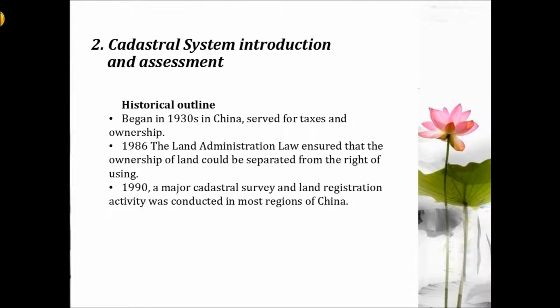And until 1919, a major cadastral survey and land registration activity was conducted in most regions of China, and its main objective was to obtain and record the best data and attributes of every parcel, including land area, land classification, boundary, ownership, and area of buildings, and so on.